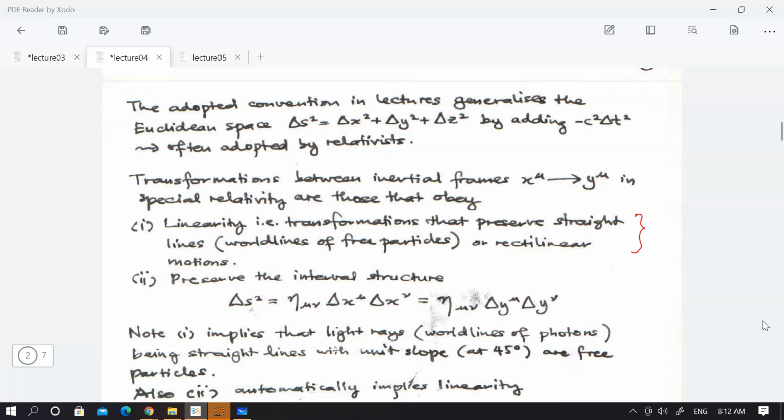The one that can be adopted is to keep your interval invariant. So we have now, for example, the interval in four-dimensional space and time given by this quantity, your metric tensor, summed over these intervals, that should now be the same in all frames.